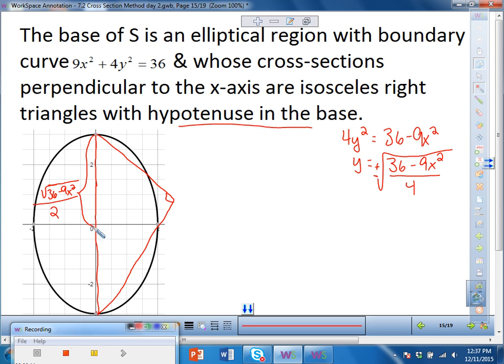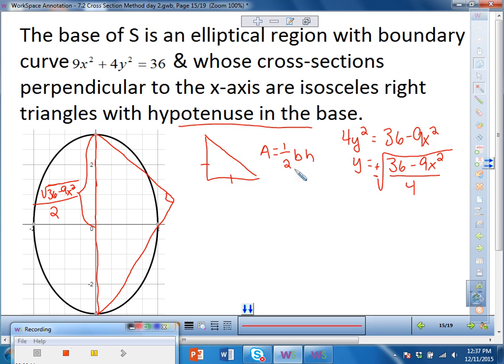All right, so let's back up here. What is the area of this isosceles right triangle with base? What's the area of this isosceles triangle? The area is 1/2 base times the height.